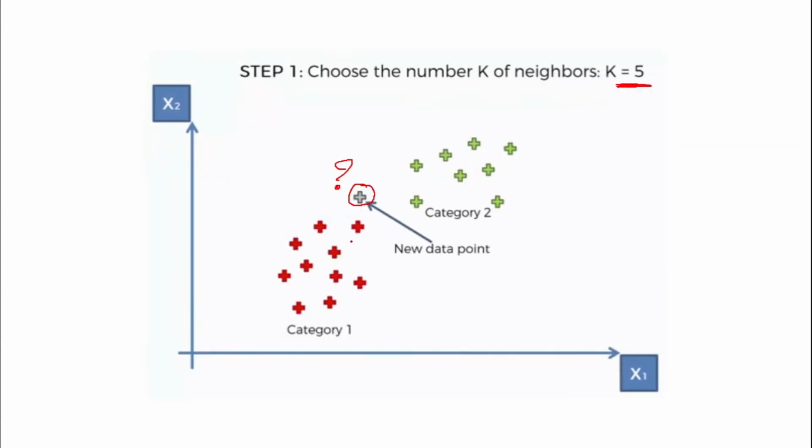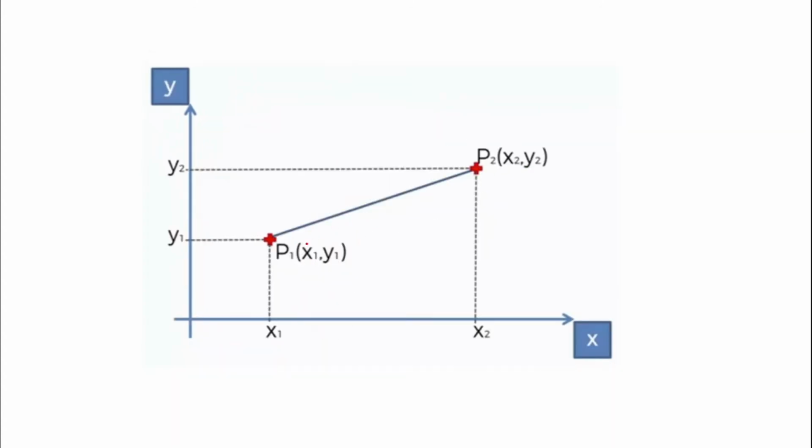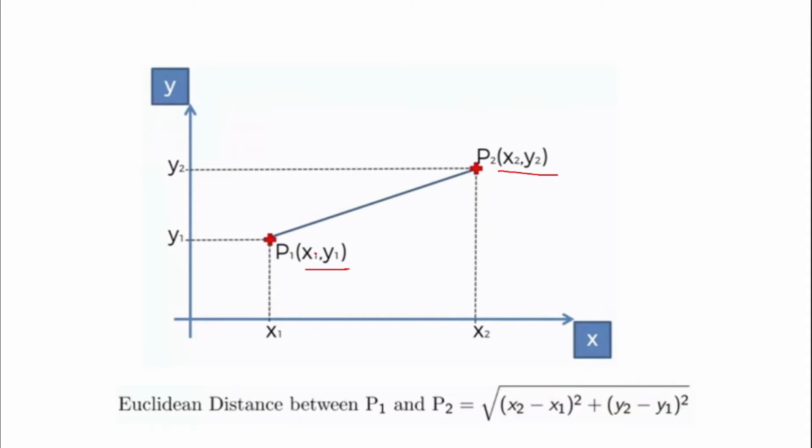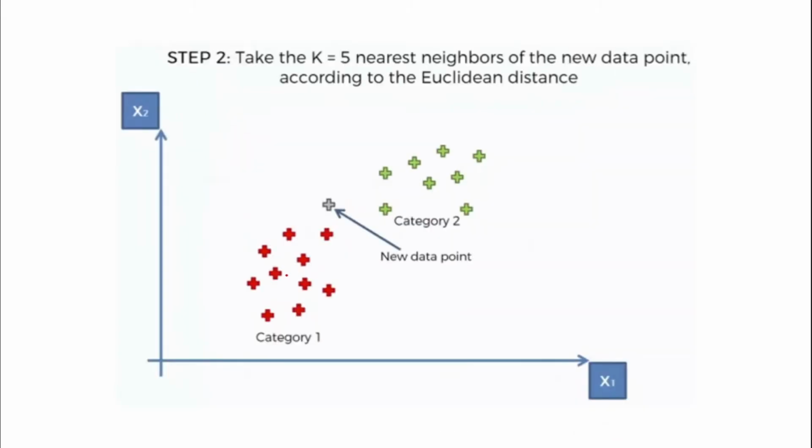So how do I find out the distance? Suppose this is point P1 denoted by coordinates x1 and y1, and this is point P2 denoted by the coordinate values x2 and y2. If I use the Euclidean distance, then I need to go with this formula. So this is how I need to calculate the distance. After finding the distance, I need to find 5 because k is equal to 5.